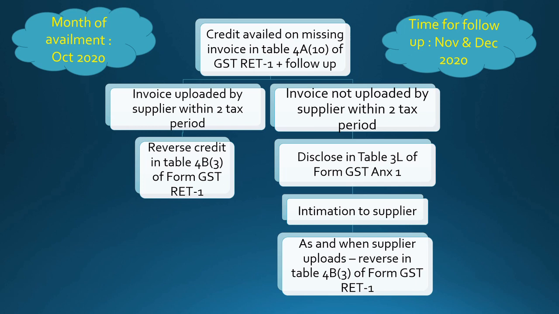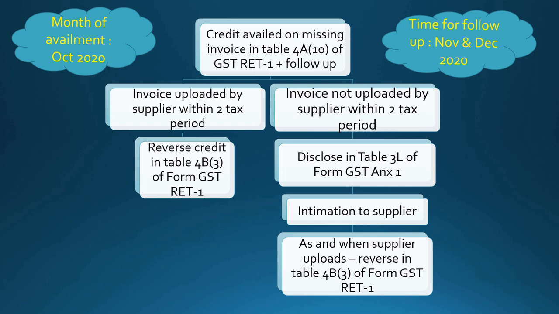As the recipient has already availed credit in October 2020 in our example, he cannot take the credit on the same invoice twice, and therefore reversal has to be done. I would like to highlight that as the credit claim on missing invoice was after excluding ineligible credit, the values in serial number 3 of table 4B should also be reported net of ineligible credit only.